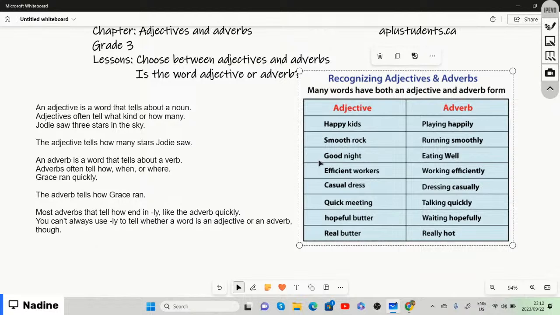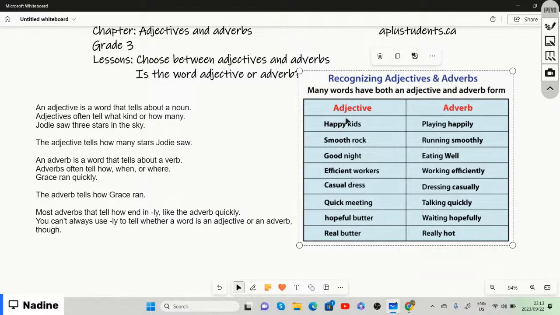A noun names a person, place, animal, or idea. So the adjective describes or tells us about the person, animal, place, or idea. And an adverb tells us about the verb, or about an adjective, or about another adverb.